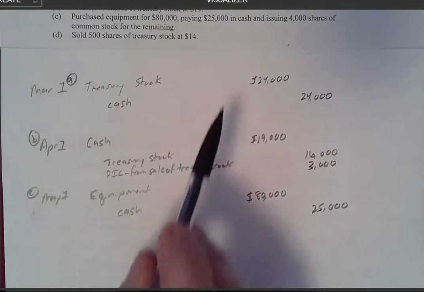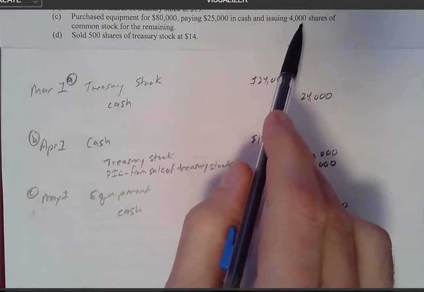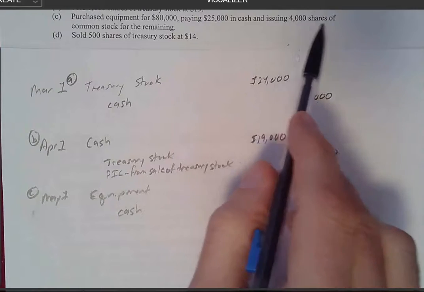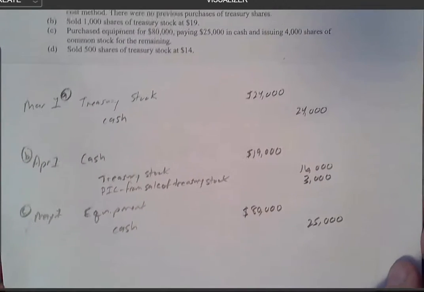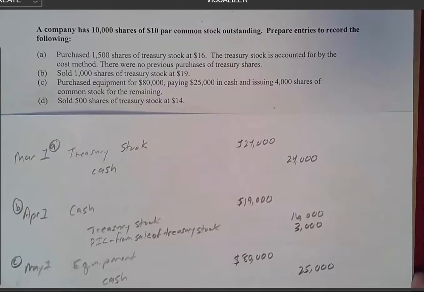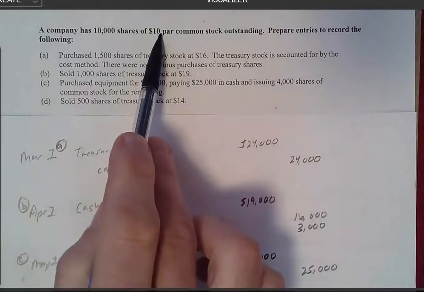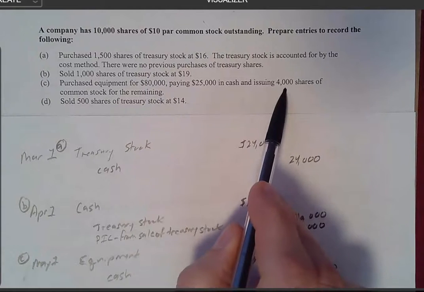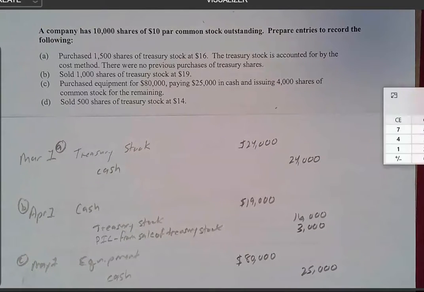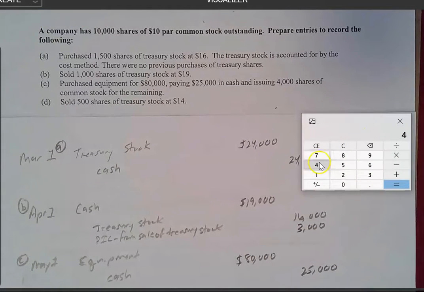So we've got this detail here, 4,000 shares of common stock. So I'm going to be kind of moving back and forth. So we had 4,000 shares. Now notice what it says right here. This is $10 par common stock. Okay, so the par value of these 4,000 shares is going to be 4,000 number of shares times 10.